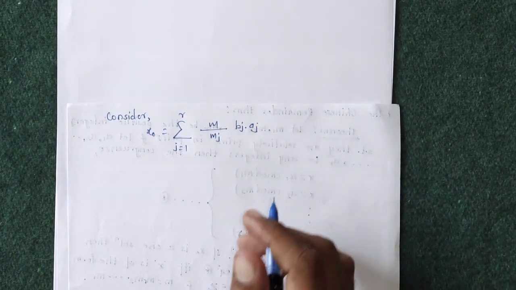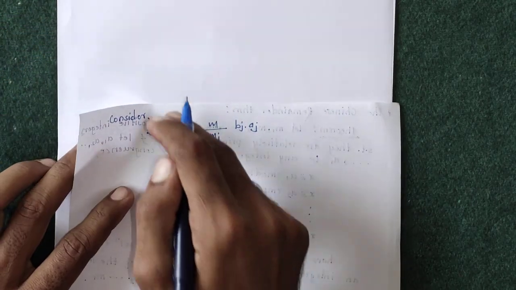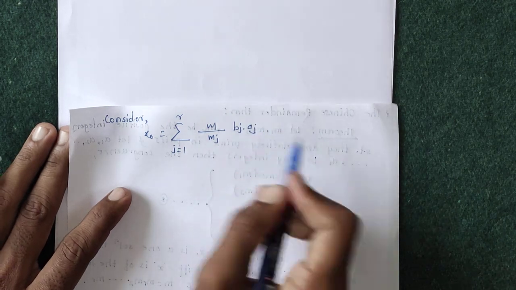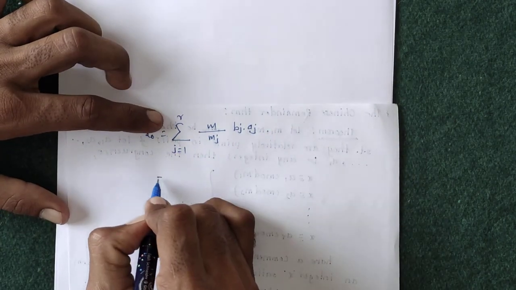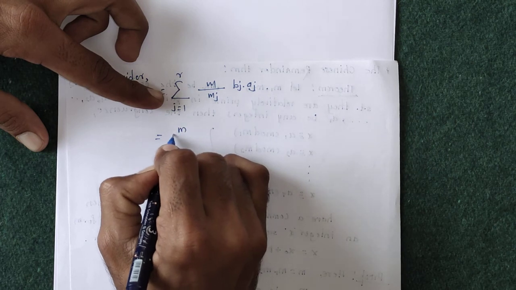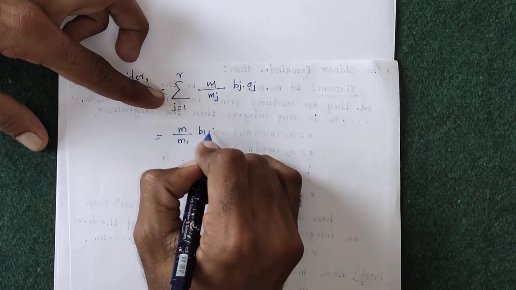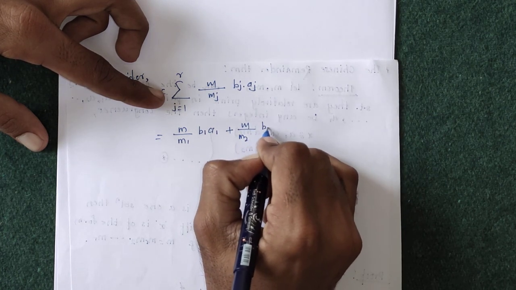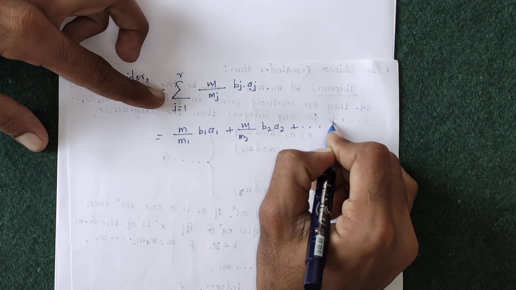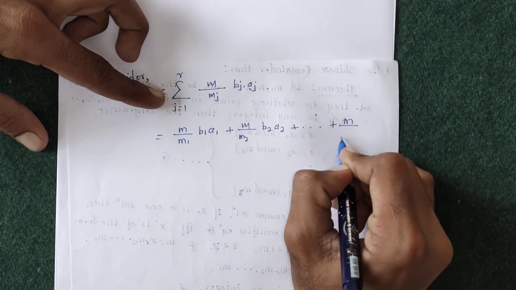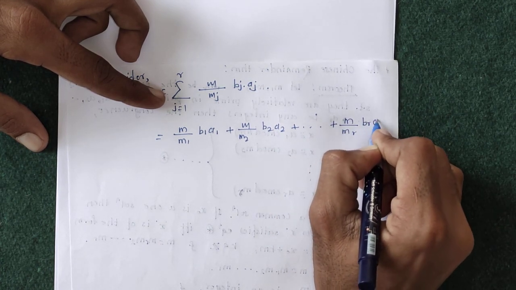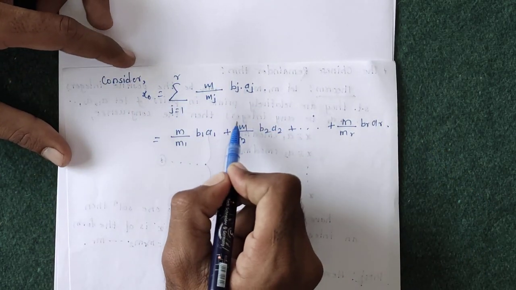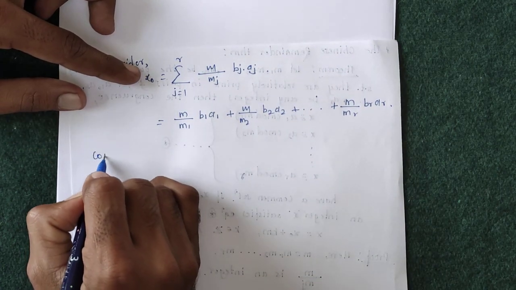That is, m by m1 b1 a1, m by m2 b2 a2, taking the summation of all these numbers, we get m by m1 b1 a1 plus m by m2 b2 a2 plus up to m by mr br ar.